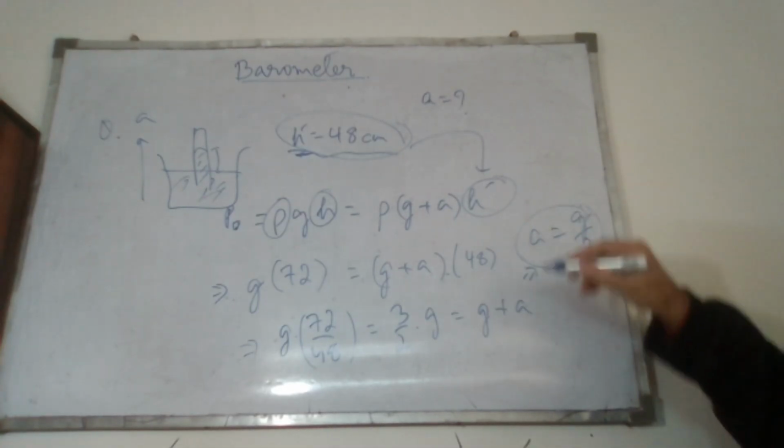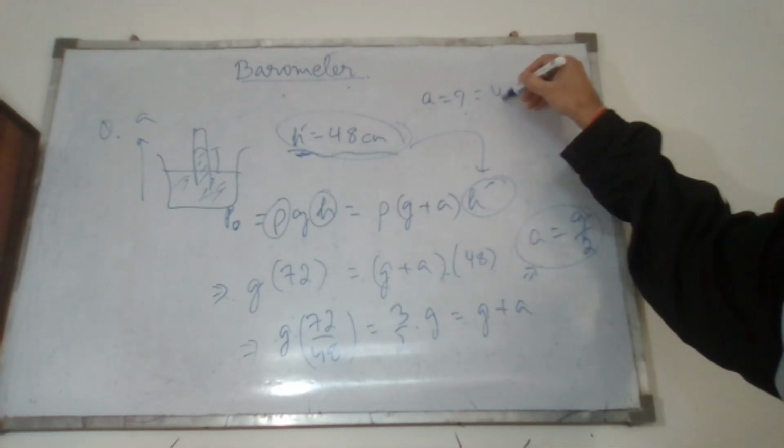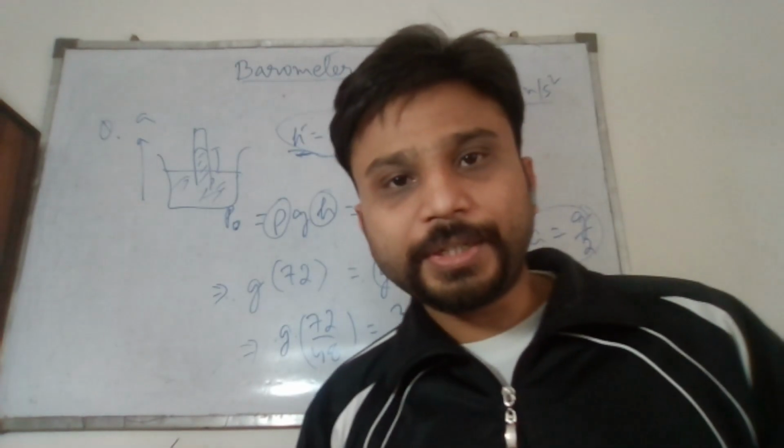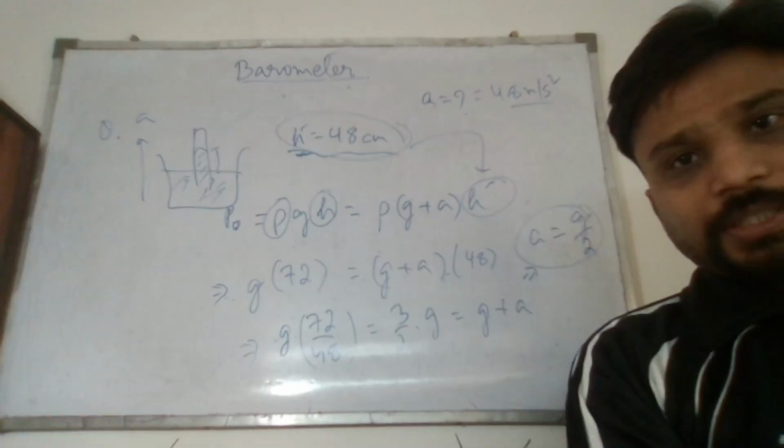We can put the value of G to get the acceleration as 4.8 meter per second square if G is equal to 9.8. So this was one of the questions.